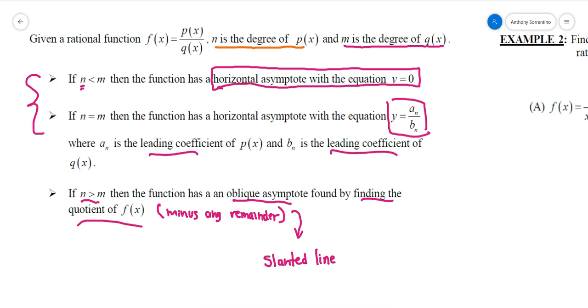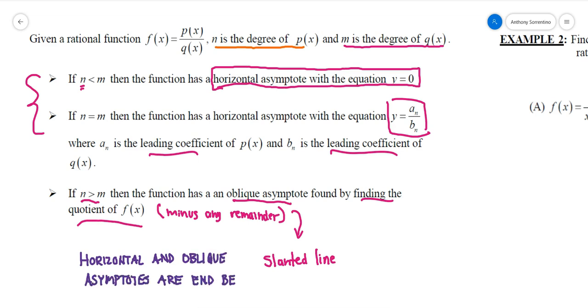Another thing I want to note before we get into actually doing the problems here is that these types of asymptotes, horizontal and oblique asymptotes, are end behaviors.